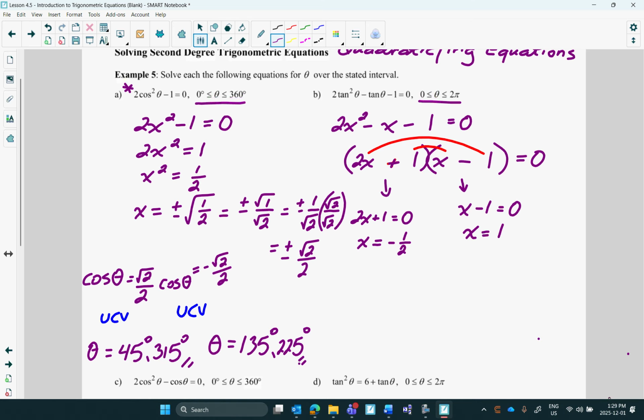Now, replace tan theta back. And now I'm going to solve each one of these.